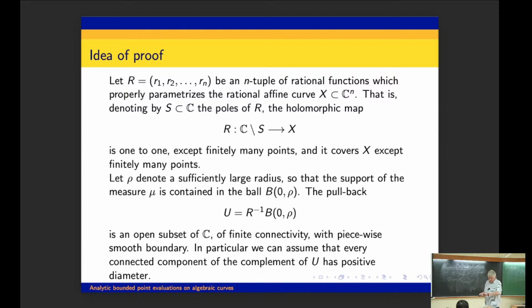You will see some examples very soon. But what is interesting, if you have rational curves, you need the approximation theory for rational functions, what was done by Jim Brennan.